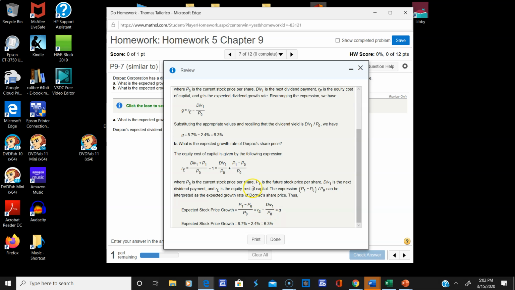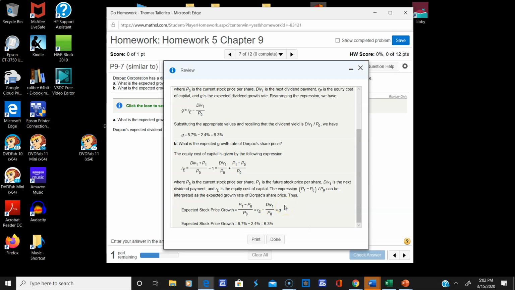So again, RE we know because we were given that, right? 8.7%. You see this right here? This is what we were given in the problem. And the 2.4% is, again, what we were given. And that comes out, again, to 6.3%.